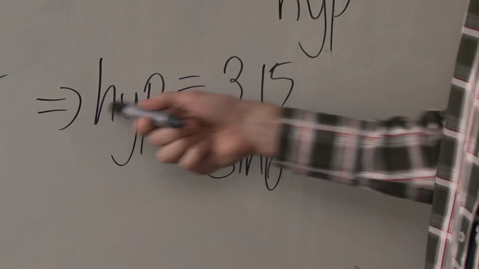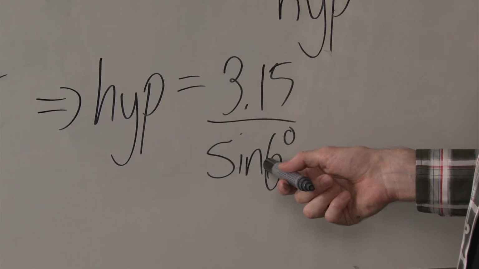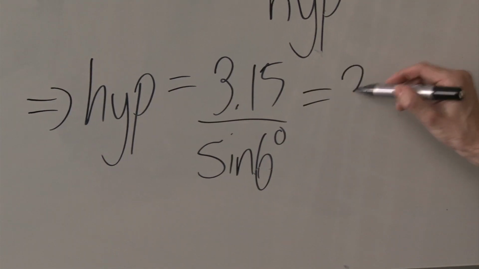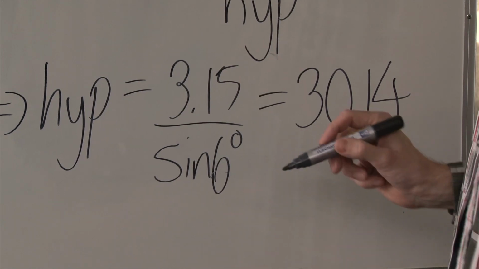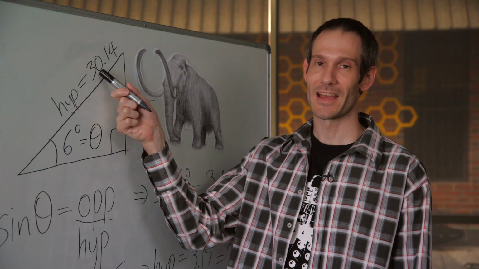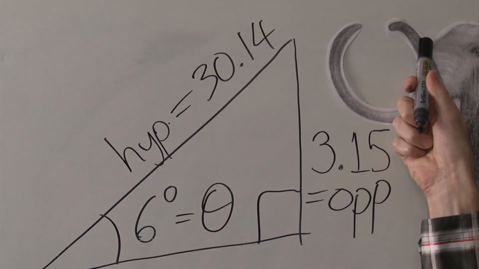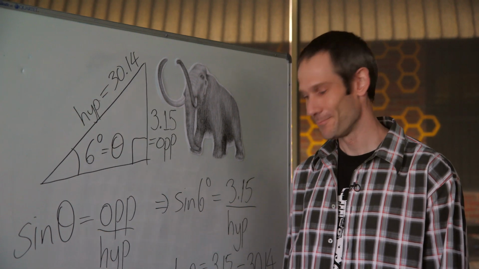So I'm left with evaluating the hypotenuse, which is equal to 3.15 divided by the sine of 6 degrees. Again, making sure your calculator is in degrees mode. Evaluating that will give us 30.14. So therefore the caveman needs to throw the rock 30.14 metres to hit that mammoth on the top of the head. Now let's look at a third and final scenario.